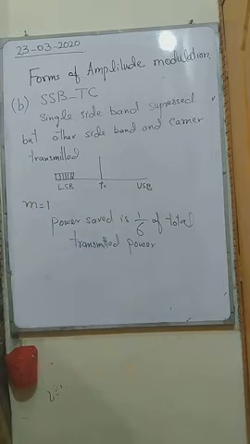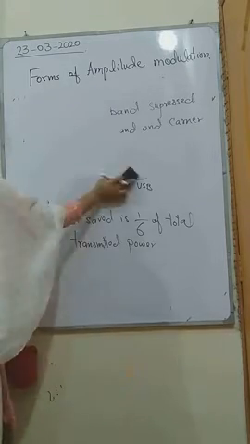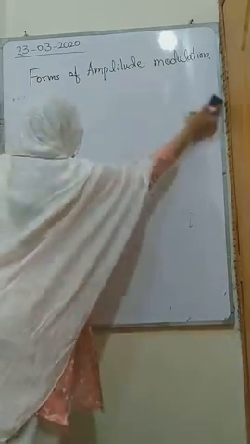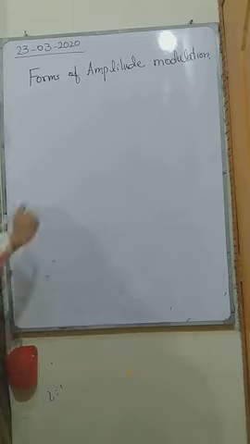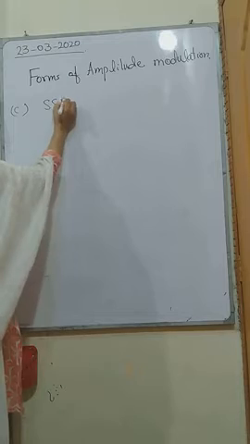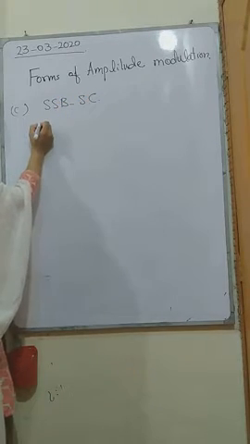The next option, the third one, is option C, that is SSB-SC, single sideband suppressed carrier.